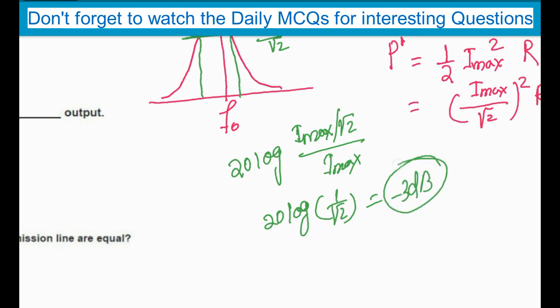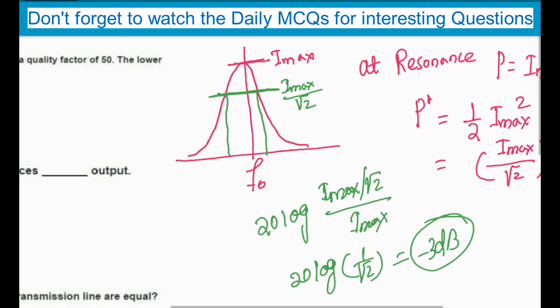So this frequency is also called the -3 dB frequency, or the half power frequency.